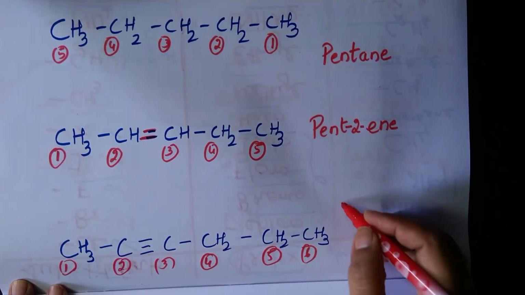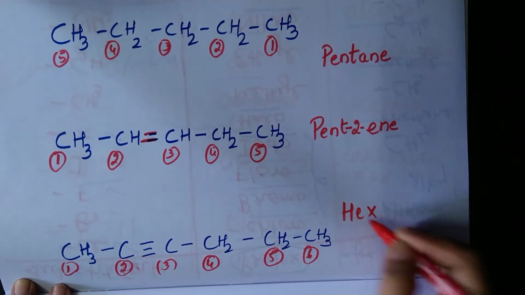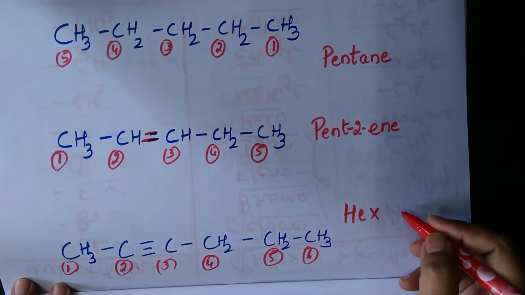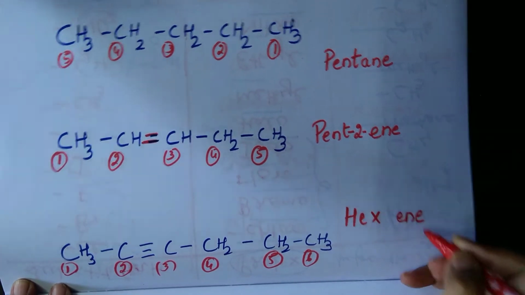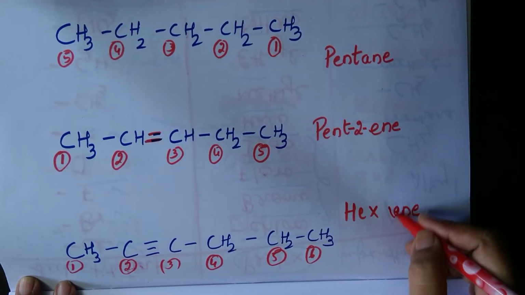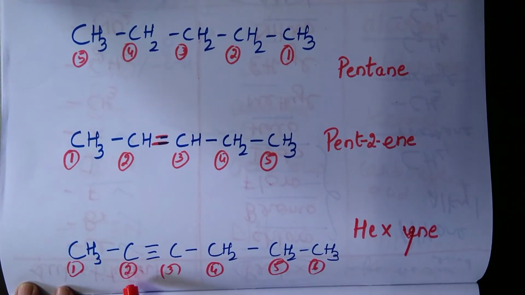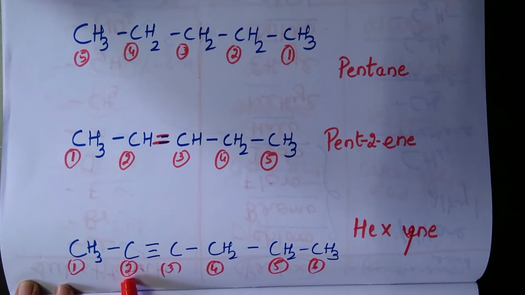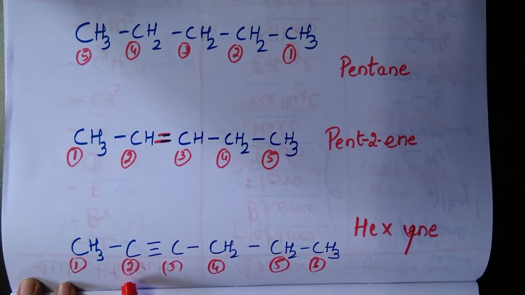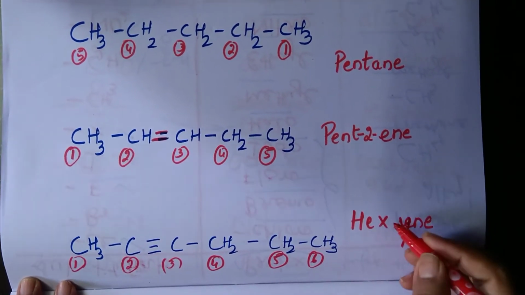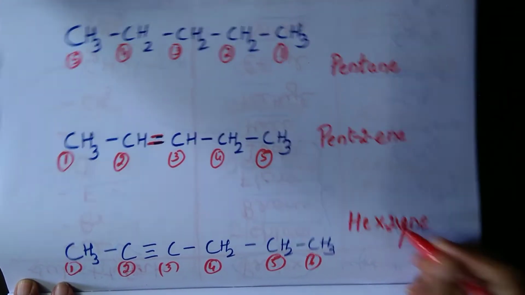So root word will be hex. Very good. And triple bond means primary suffix will be YNE. And where is YNE situated? It is between 2 and 3. Out of 2 and 3, which is smaller one? 2. So write hex-2-yne.